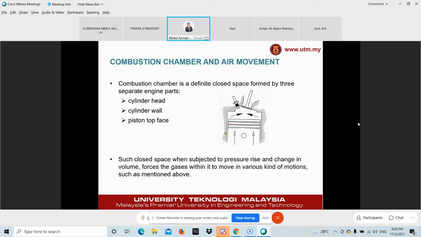So such a closed space, when subjected to pressure rise during the compression stroke and change in volume, forces the gases within it to move in various kinds of motions. Okay, and because the piston moves from TDC to BDC, it compresses the air inside the combustion chamber, which in turn moves the mixture into a motion.